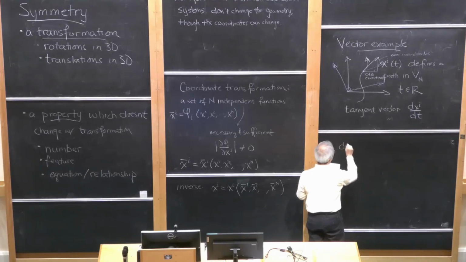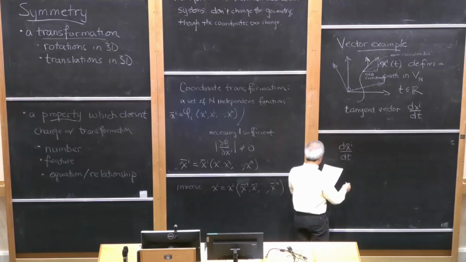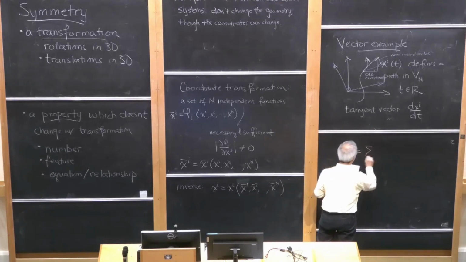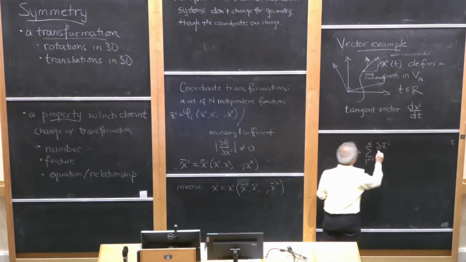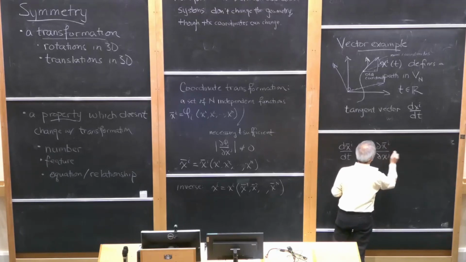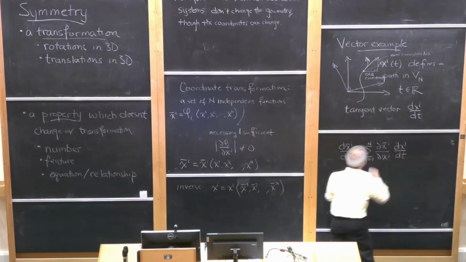So we have dx bar i dt. We can just use the chain rule. So we'll go from j equals 1 to big N, and we have dx bar i over dxj, which then becomes a full derivative, dxj dt.